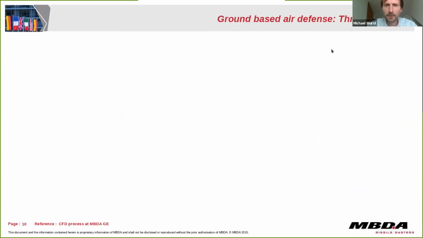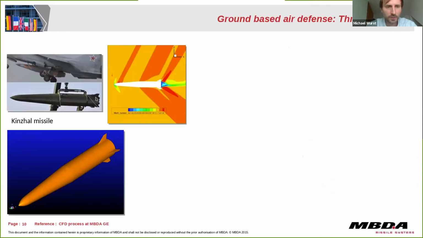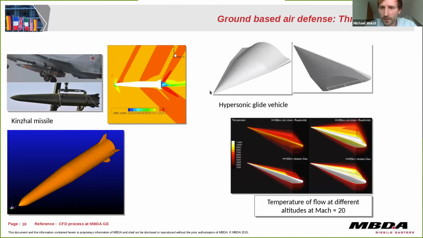The next thing we do in the area of ground-based air defense is that we look at possible threats. For example, last year we did some simulation of the Russian Kinzhal missile, which is a hypersonic missile. And before that, we also looked at hypersonic glide vehicles.